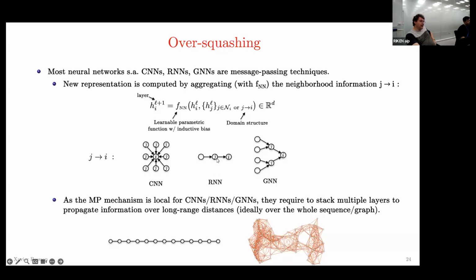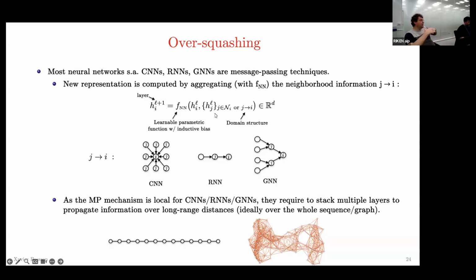For an RNN, the neighbors are the previous words. For a GNN, they are the nodes on your tree, for example. You use the vector of i and the vectors of its neighbors. This is true for any neural network. Sometimes you want to propagate information from one node of the graph to another node far away.